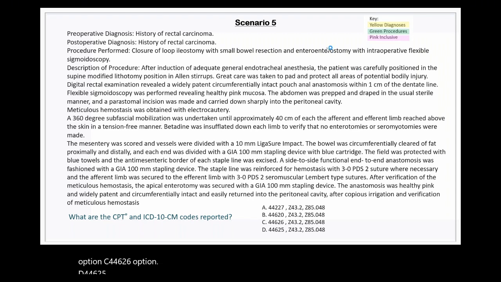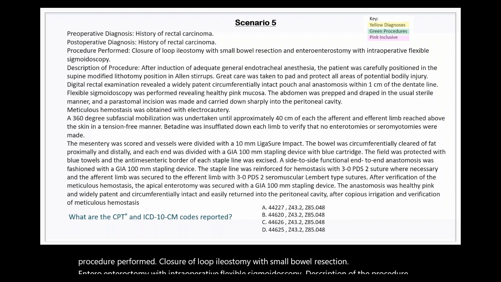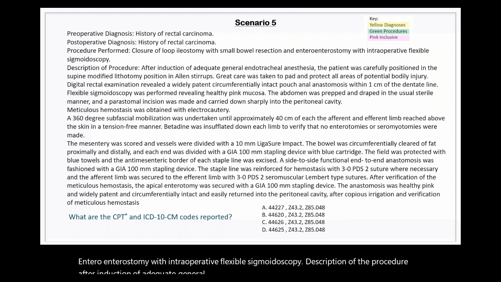Preoperative diagnosis, history of rectal carcinoma. Postoperative diagnosis is the same. Procedure performed, closure of loop ileostomy with small bowel resection, enteroenterostomy with intraoperative flexible sigmoidoscopy. Description of the procedure. After induction of adequate general endotracheal anesthesia, patient was carefully positioned in the supine modified lithotomy position in Allen stirrups.